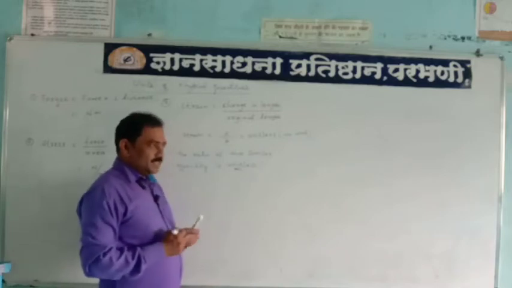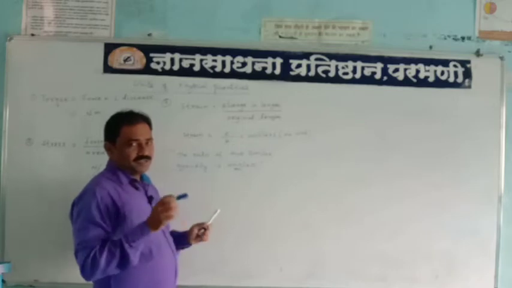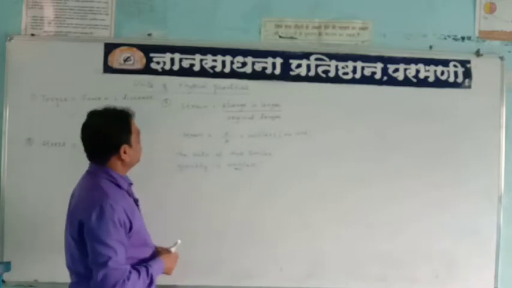You should memorize this. Have you understood? Unitless just means it is a ratio of two similar quantities.